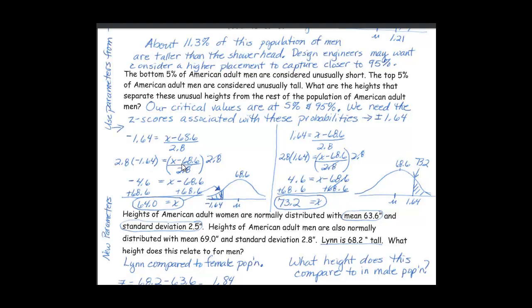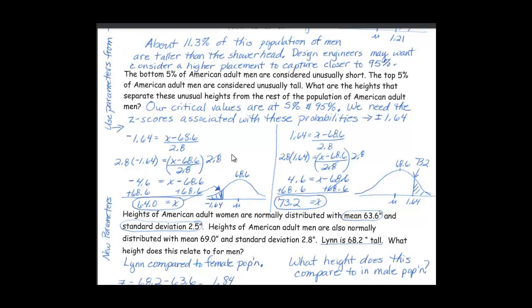That's what I'm executing here. My left side is going to be negative 4.6. When I collect terms and isolate the x, I find that my lower value is going to be 64. In other words, a height of 64 inches would be that borderline value that separates the lower 5% from the upper 95%, and it is associated with a z-score of negative 1.64.